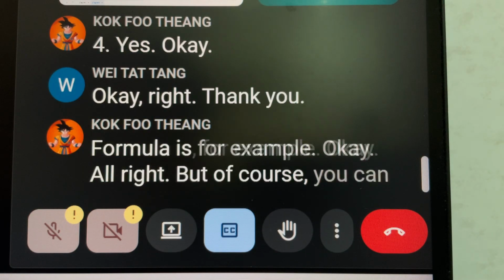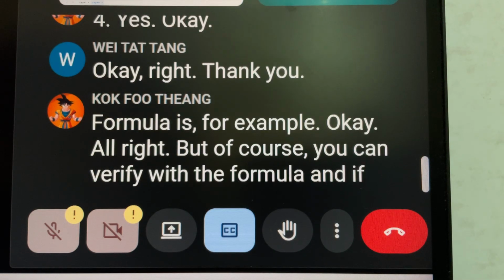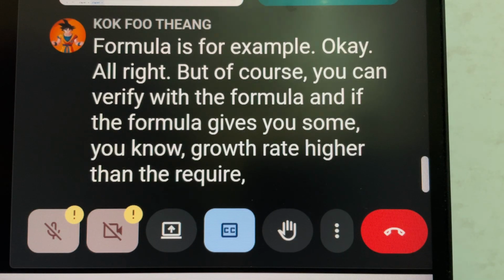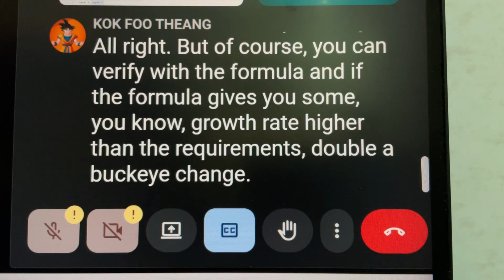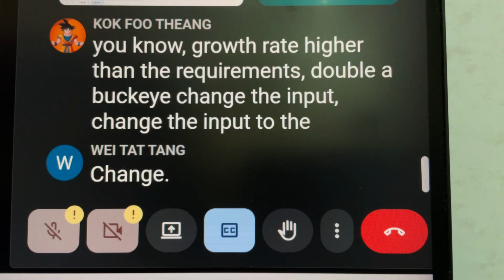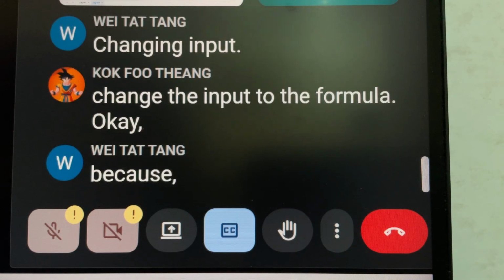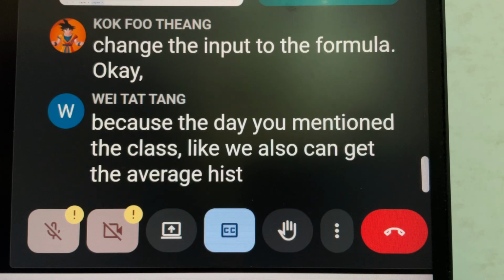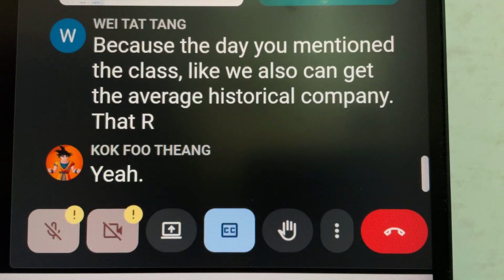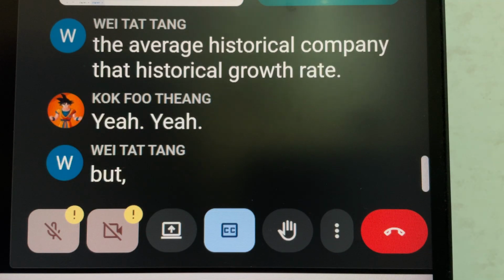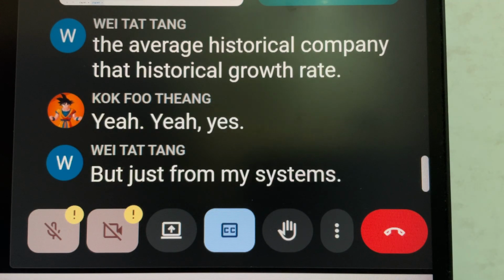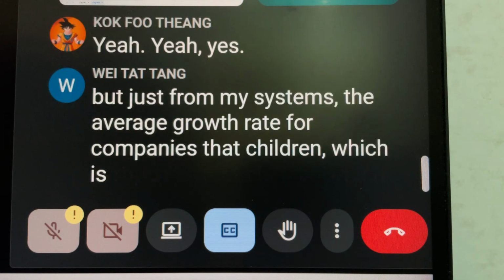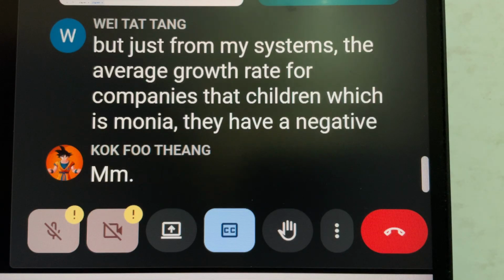But of course, you can verify with the formula, and if the formula gives you a growth rate higher than the required rate of return, cannot use. Change the input to the formula. Because like you mentioned in class, we can also get the company's average historical growth rate. Yes. But from my research, the average growth rate for the company I chose, which is Bonia, they have a negative dividend growth rate.